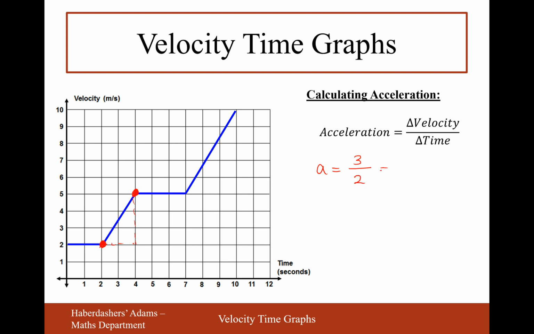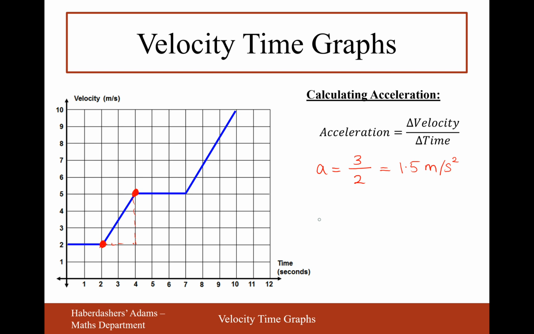So that would be 1.5, and then we've got to record the units. That's going to be meters per second squared. It's basically a change of 1.5 meters per second, every second, so that's why it's meters per second squared.